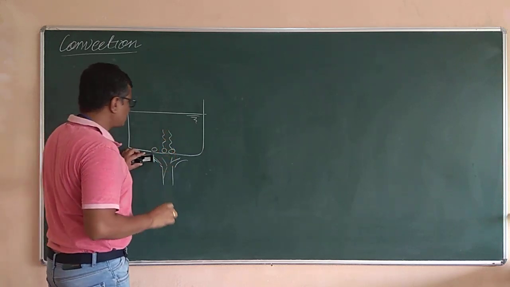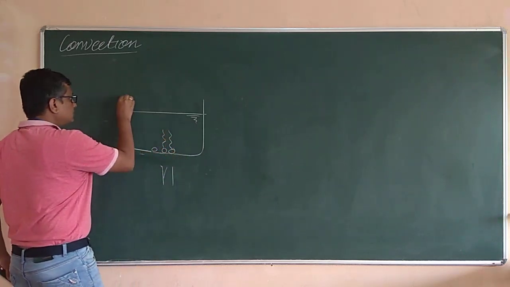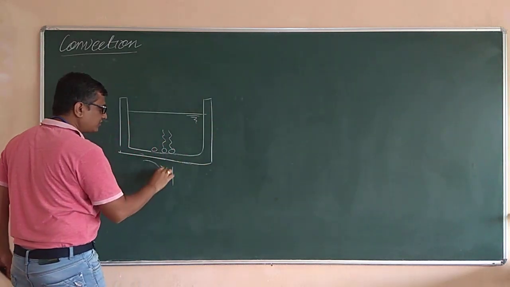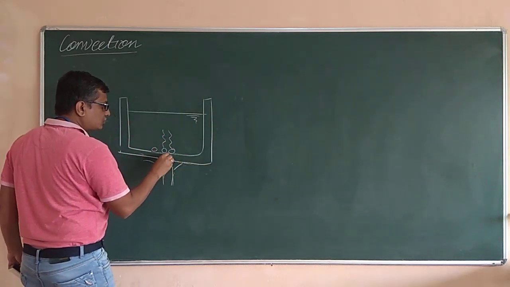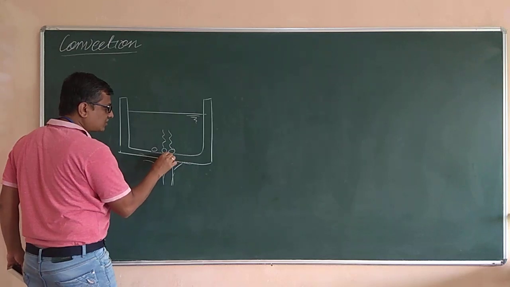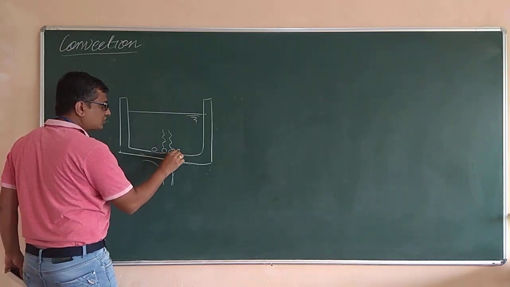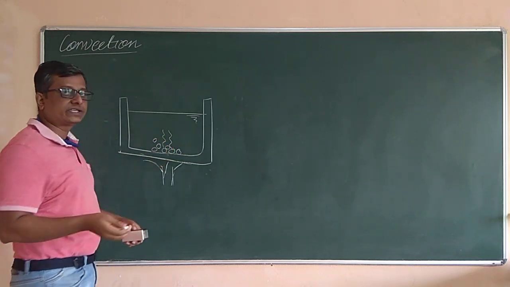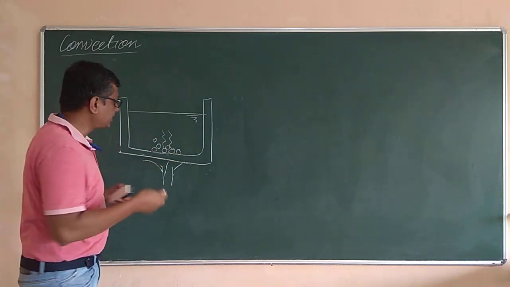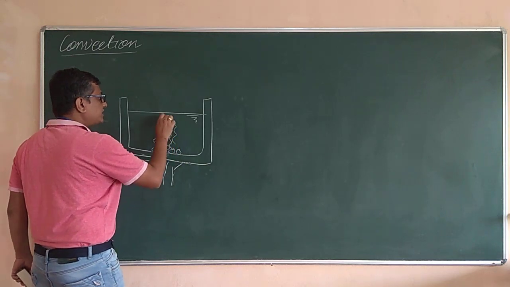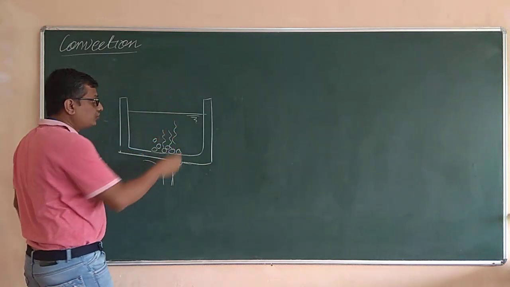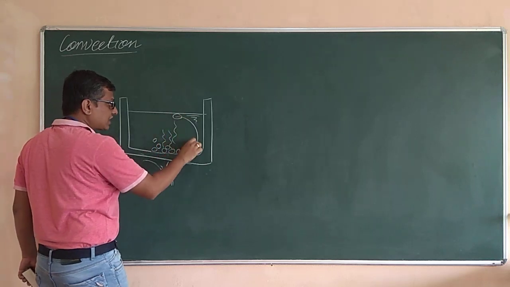If I show some thickness of this vessel, the heat is transferred from the burning flames to this solid surface, and from this solid surface to the liquid molecules of water. These molecules, once heated, become light and start to move up, and the dense molecules which are not yet heated will start to come down.